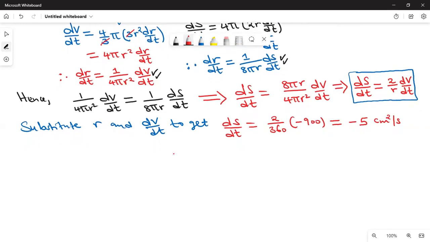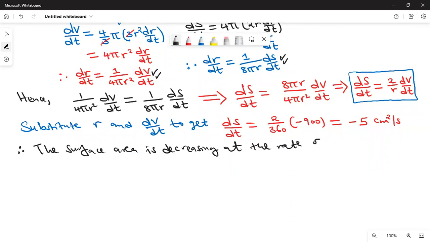So we can now conclude here and say that therefore the surface area is decreasing, this is the spelling, decreasing at the rate of 5 centimeters squared per second.